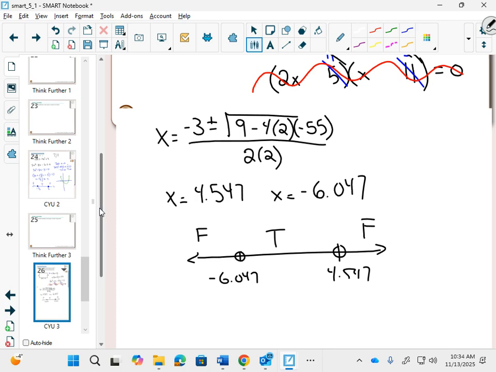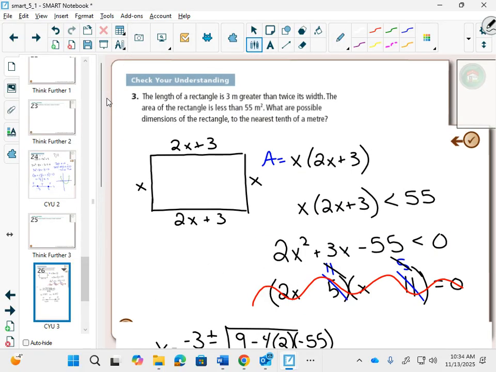Now we've solved this algebraically. The answer to this question is not that x has to be between negative 6.047 and 4.547. That's the section that says true. Why is that not the answer? Well, we have to think of the context of the question here. And what did the question actually ask us to solve?